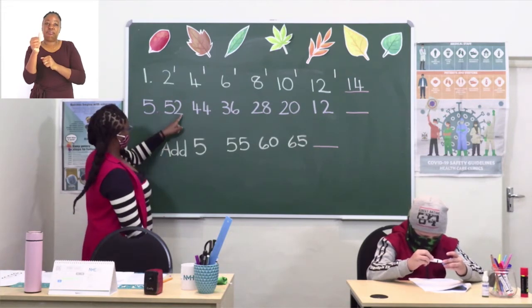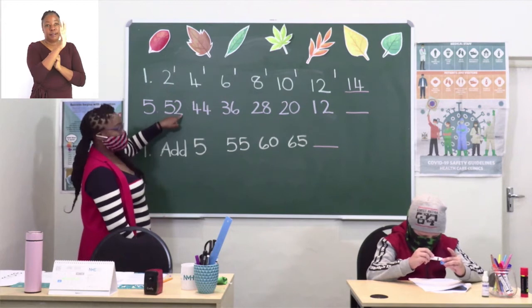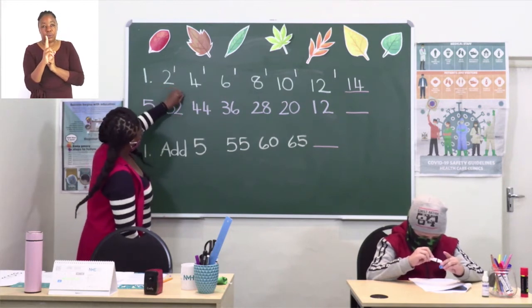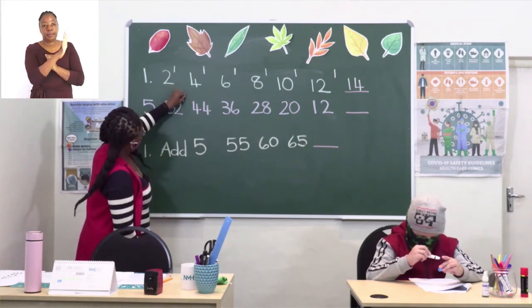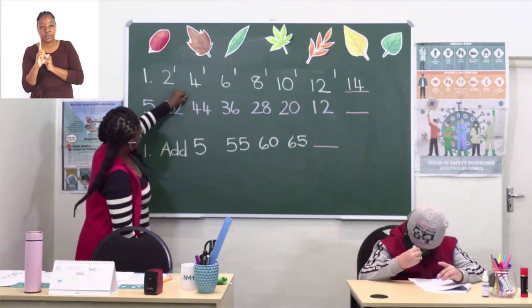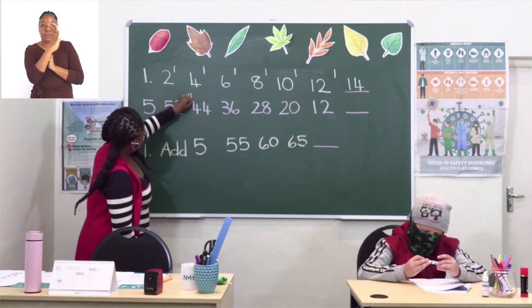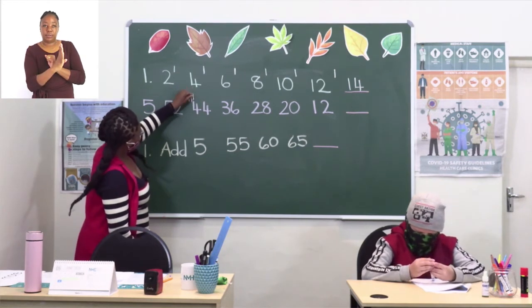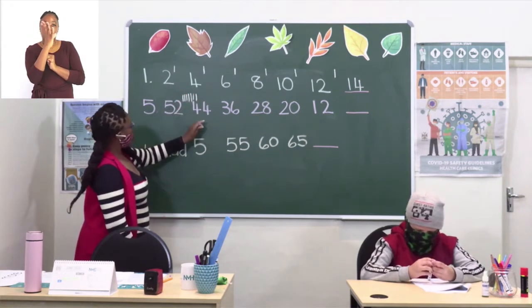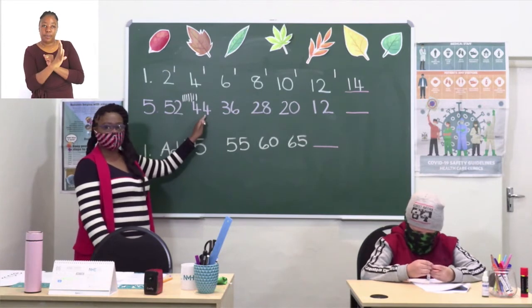So we have 52, and we're counting backwards. 51, 50, 49, 48, 47, 46, 45, 44.